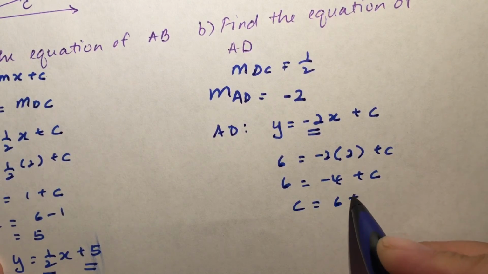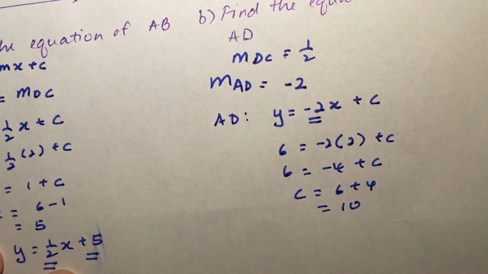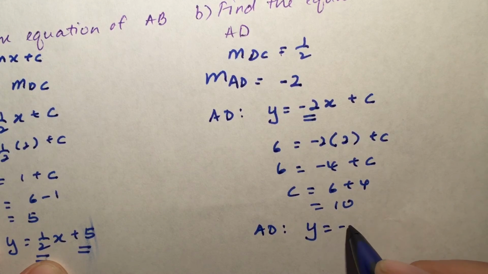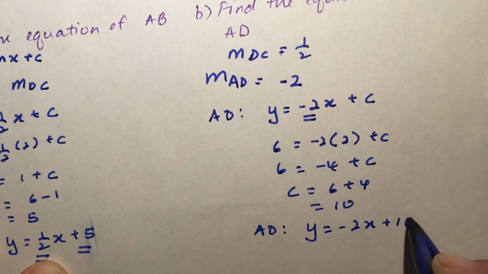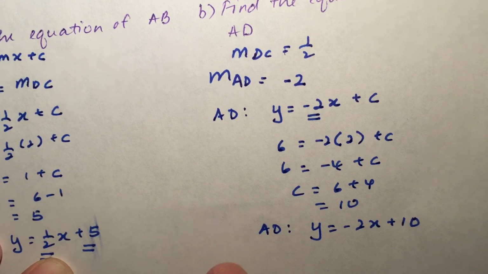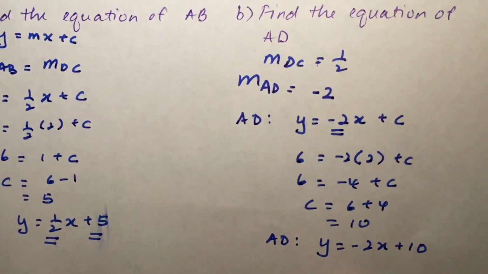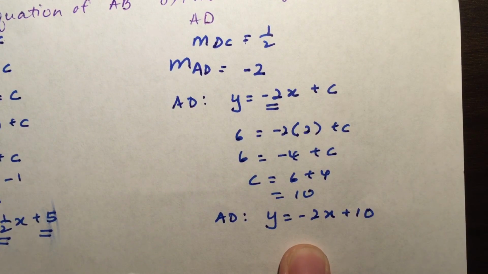C is 6 plus 4, which equals 10, which means that this is the y-intercept, and when we put it together, the equation of AD will be y equals negative 2x plus 10. So that's how we get the equation of lines: for one, borrowing a parallel gradient, and for the other, borrowing a perpendicular gradient.